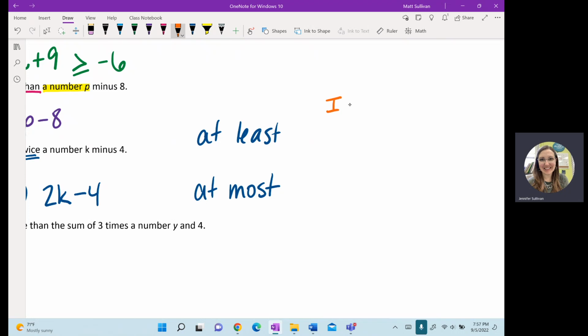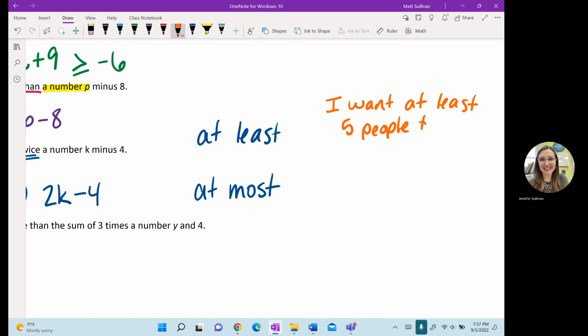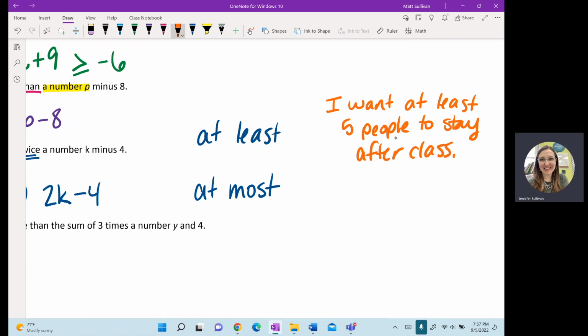If I'm saying I want at least 5 people to stay after class. I want at least 5 people to stay after class.